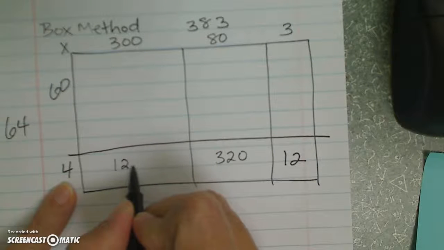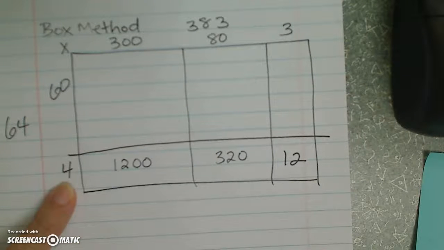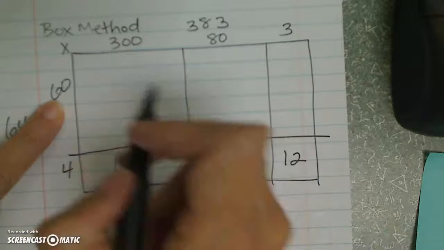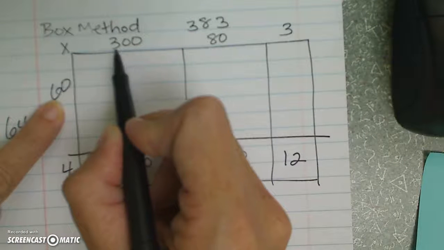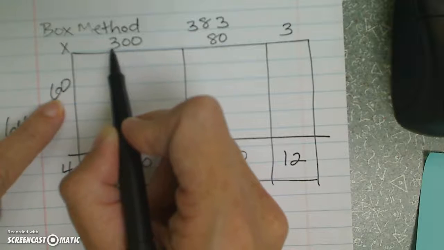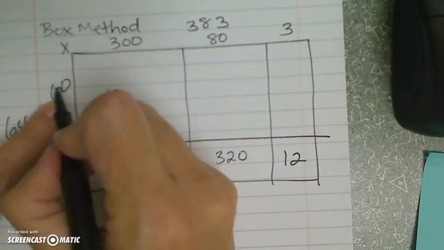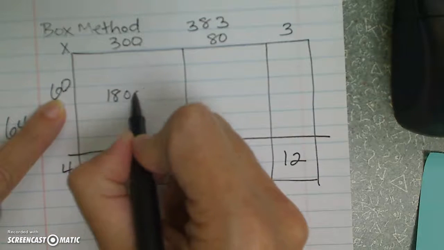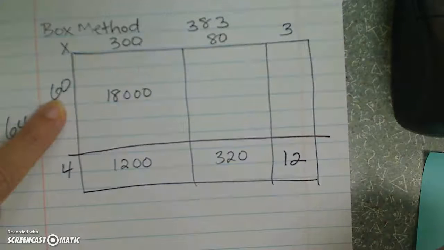Since it's in the 100 spot, it's like 1200. And we're going to go here. 60 times 300. So 6 times 3 is 18. And I have 1, 2, 3 zeros, so that would be worth 18,000.